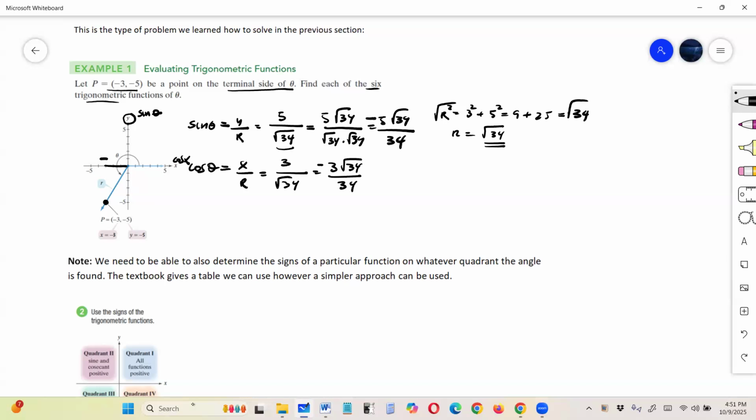Okay. Tangent. Tangent, I can divide sine over cosine, or as we've mentioned in the definition, y over x. So I can do y over x. And tangent in the third quadrant is positive because both sine and cosine are negative. So it's going to be negative 5 over negative 3.